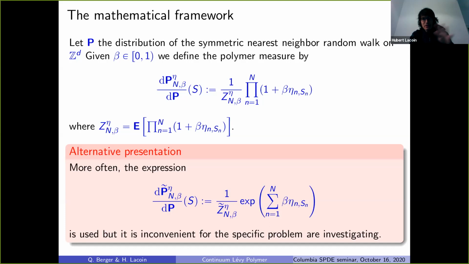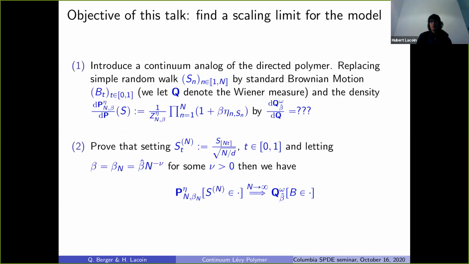So I will not talk much more about the discrete model. What we want to do today is to introduce a continuum analog of this directed polymer. We want to replace the simple random walk by a standard Brownian motion in R^D.